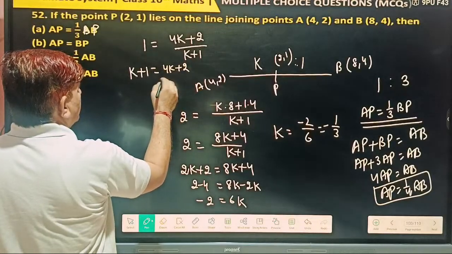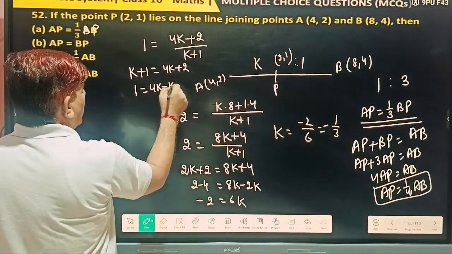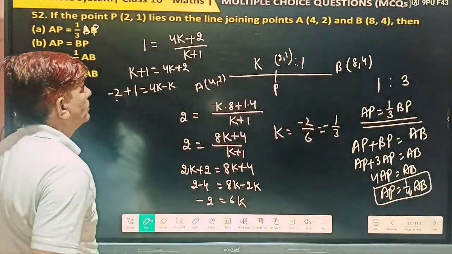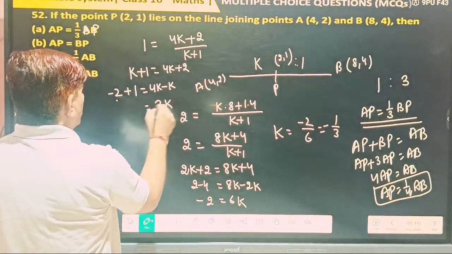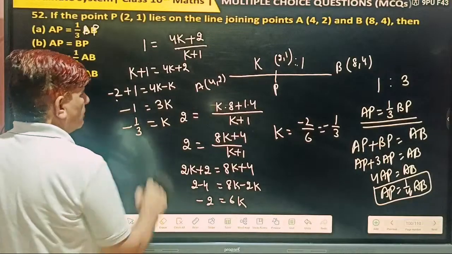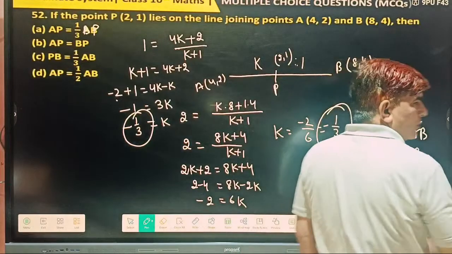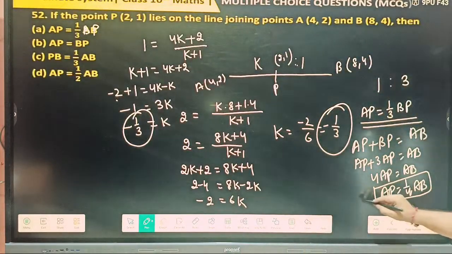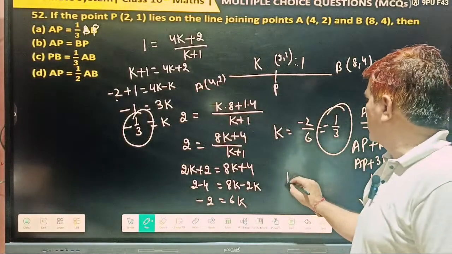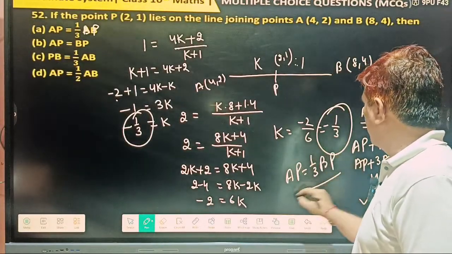Bring this side, 1 equal to 4K minus K plus 2, so 3K is equal to minus 1. It means K equal to minus 1 by 3. Again the same comes here, minus 1 by 3 comes. So it's this ratio.